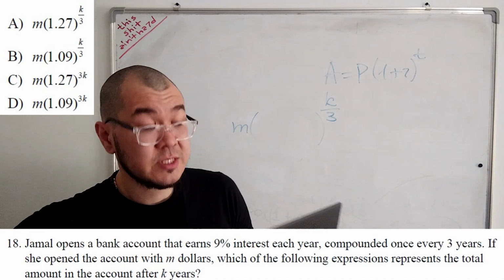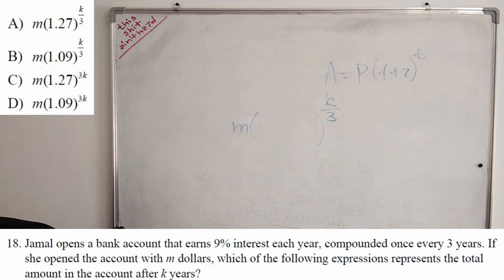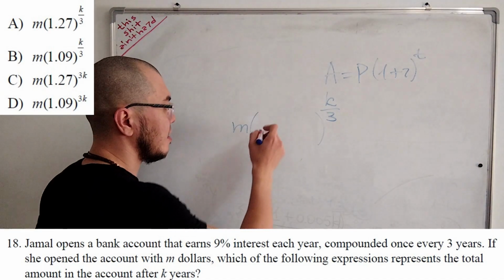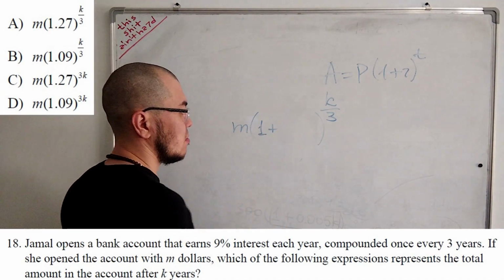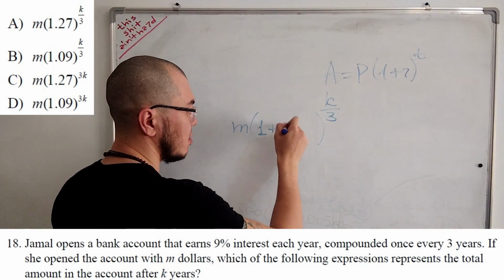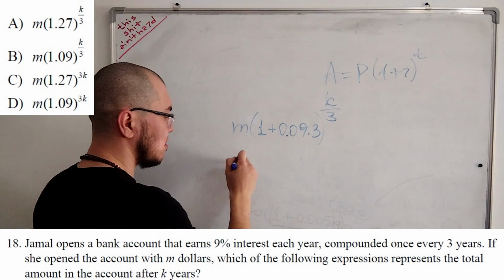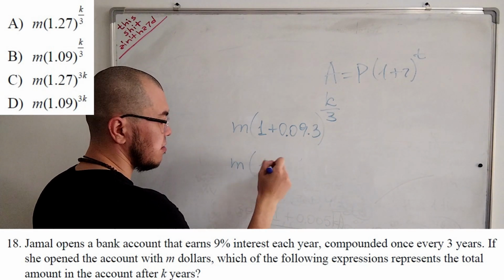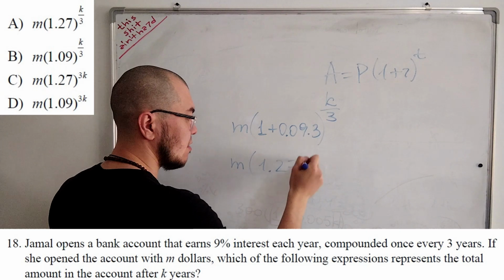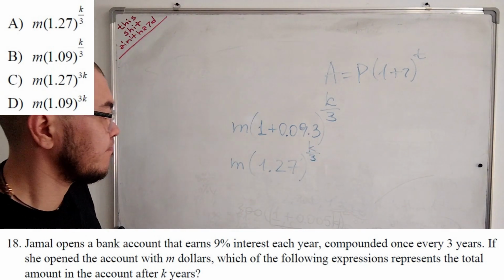But the percentage will be increased 3 times. And our expression will look like this. Times 3. And in the final form, 1.27 to the power of K over 3.